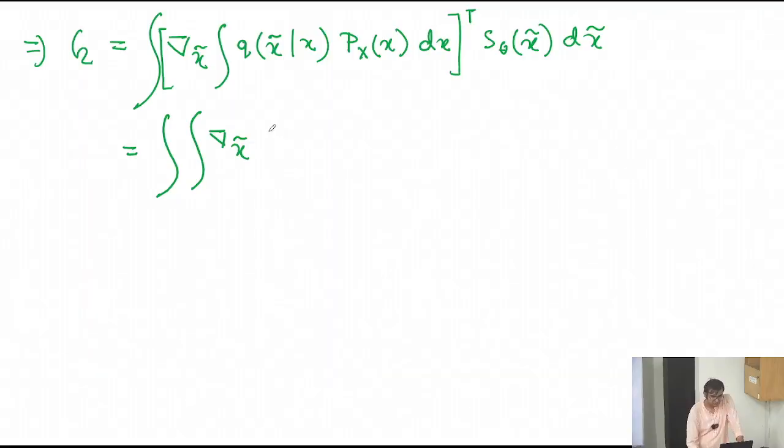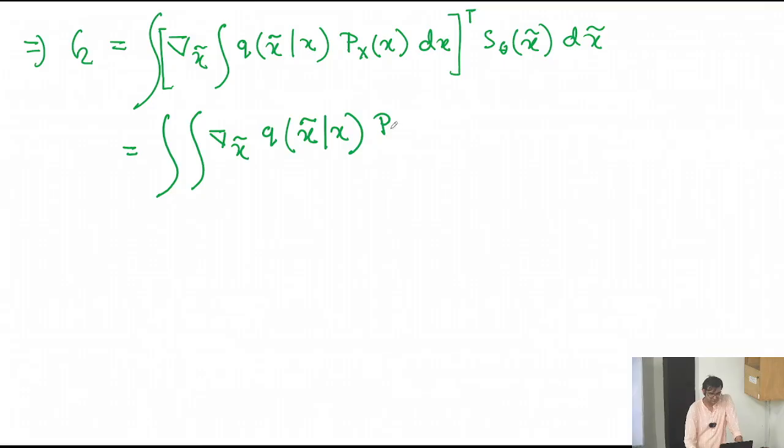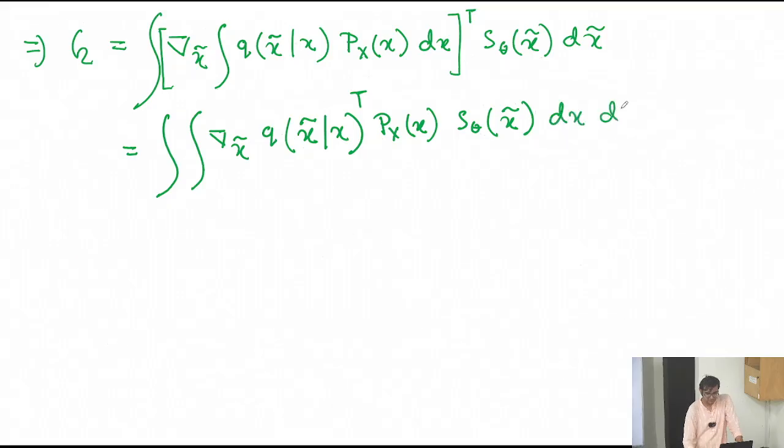q of x tilde given x, p x of x, transpose, and I can just write transpose here now actually, s theta x tilde dx dx tilde, right?